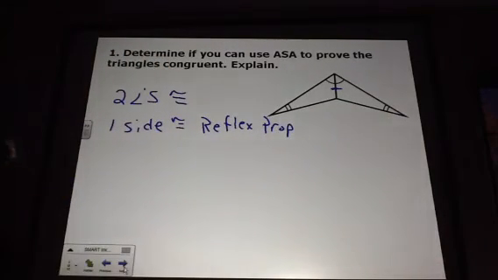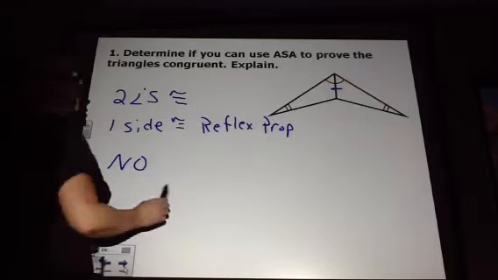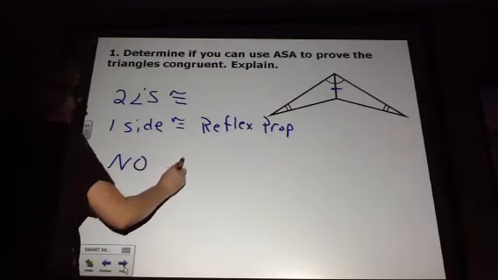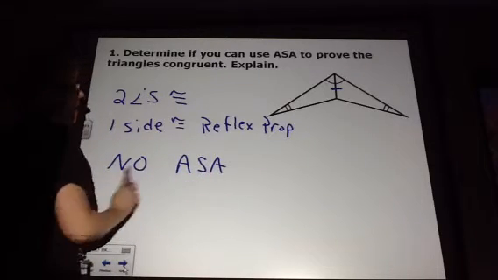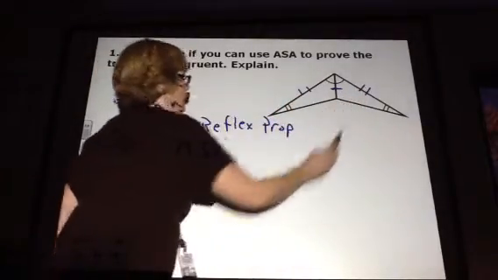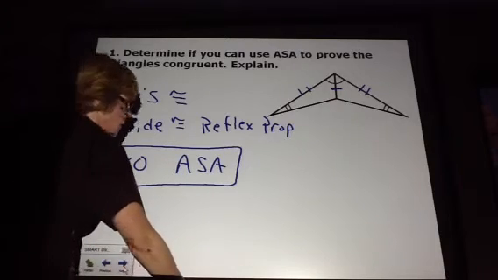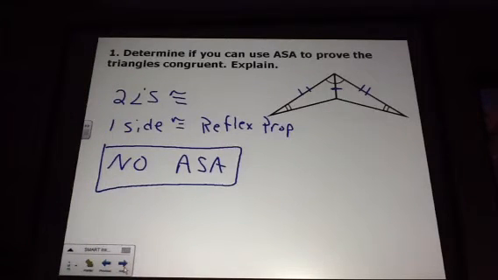So can we use angle-side-angle? No. Why? Because in order to use angle-side-angle, the side has to be included. It must be this side here and this side here. So you cannot use angle-side-angle because you're not including the included side.